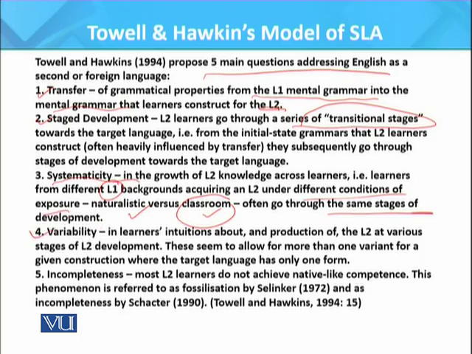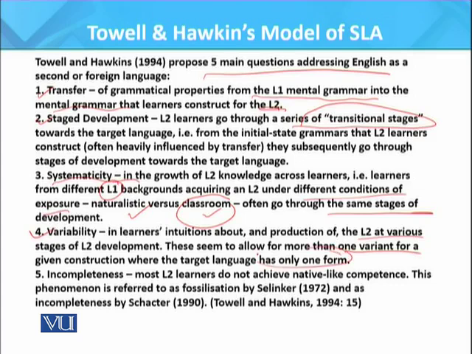Variability is the fourth one, concerning learners' intuition about the production of the second language at various stages of development. Now these seem to allow for more than one variant for a given construction, where the target language has only one form.